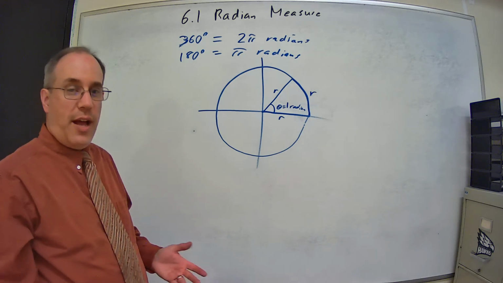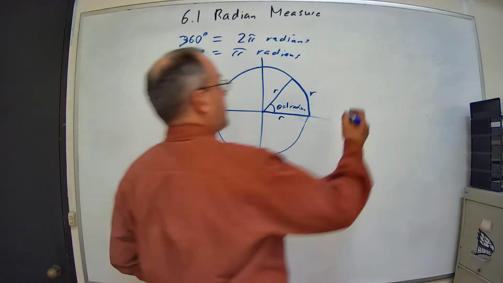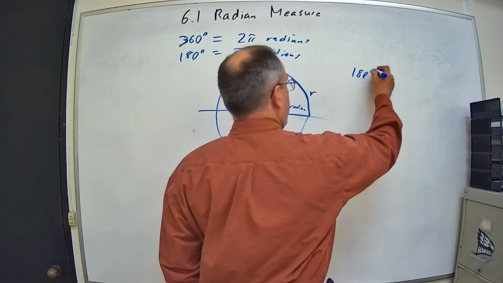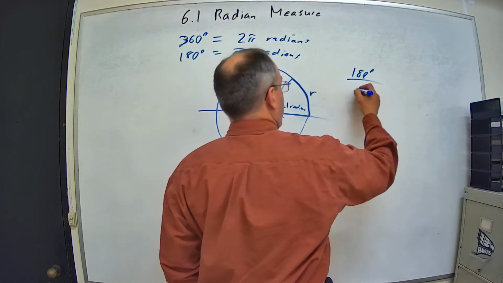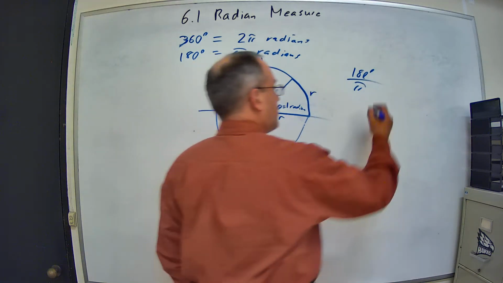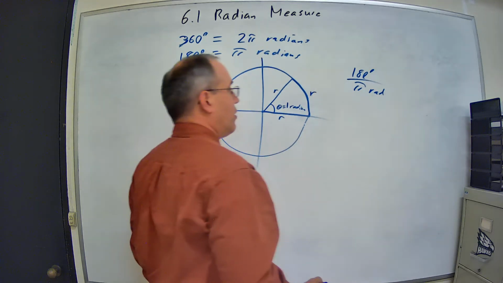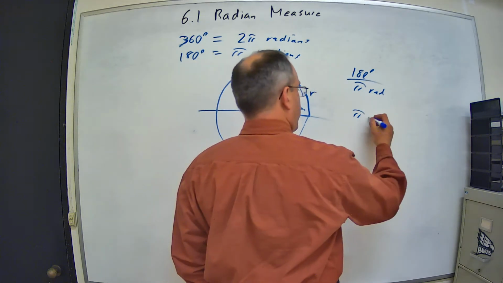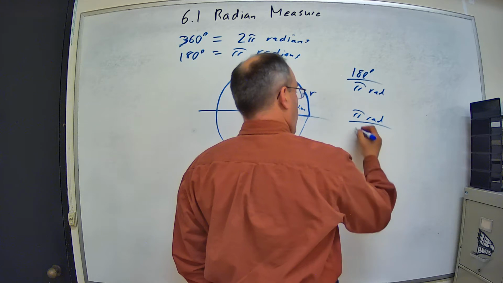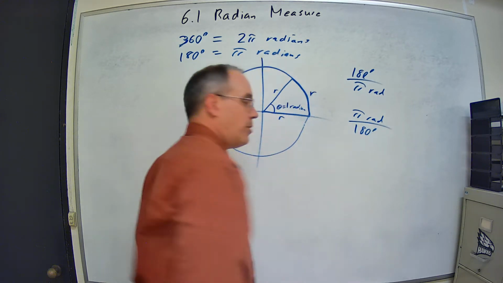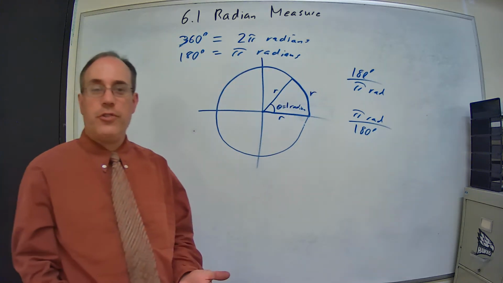which means I can now create ratios. I can say 180 degrees over pi radians, or I can say pi radians over 180 degrees. And that would be my conversion factor.